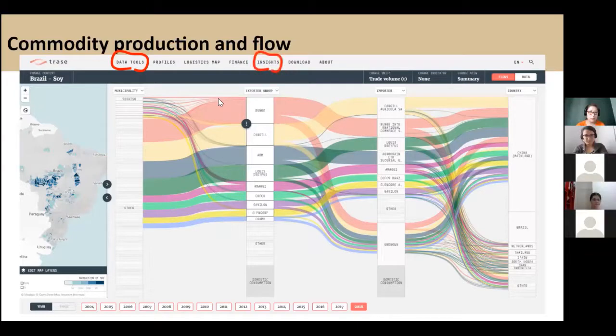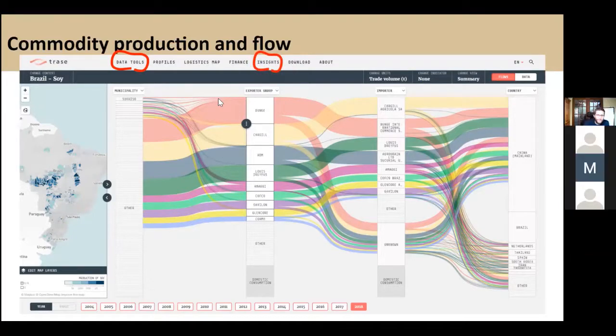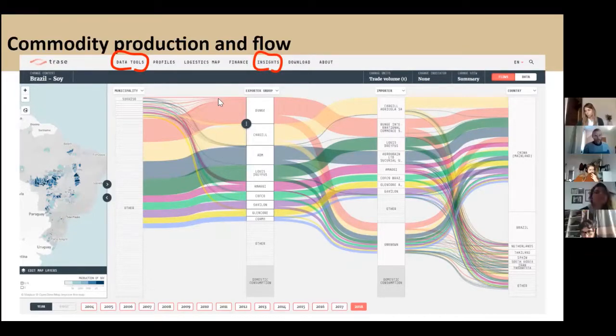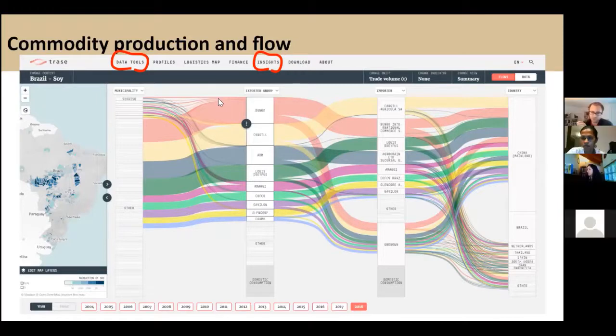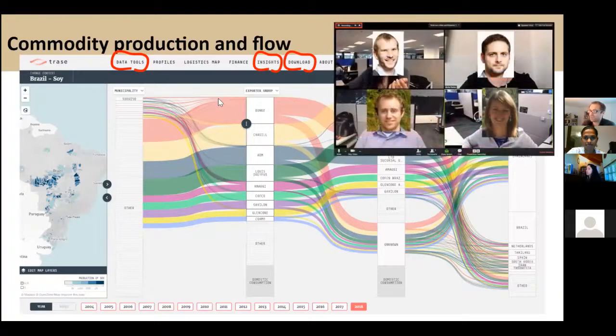You can also go into the insights, which offer lots of curated information on various commodities and their contexts. And then you can also download and explore the data in different ways for yourself. I would also encourage you to get in touch with any of us in the York team about the TRACE model work that we do, but also about the MRIO work that we do.